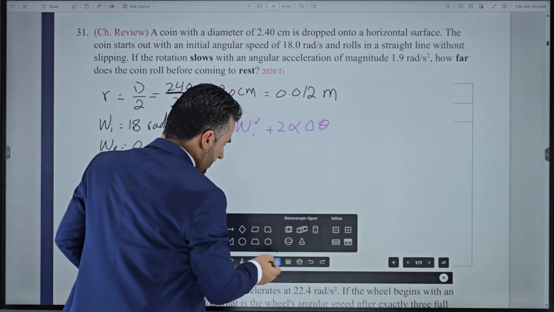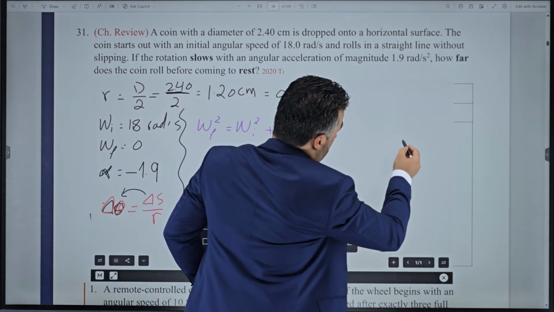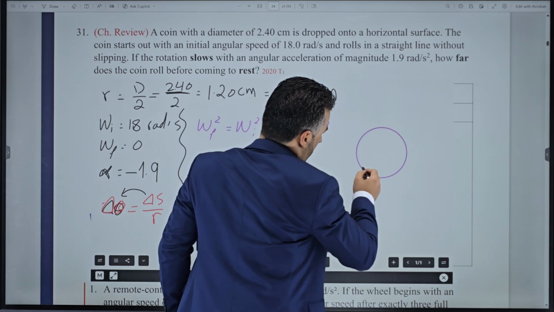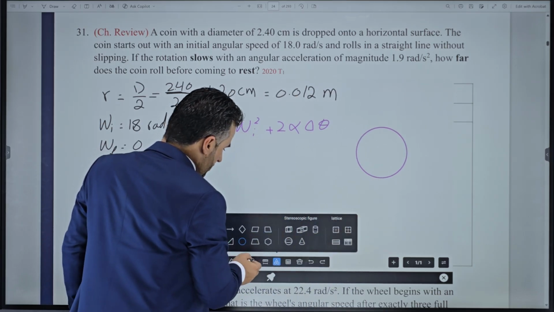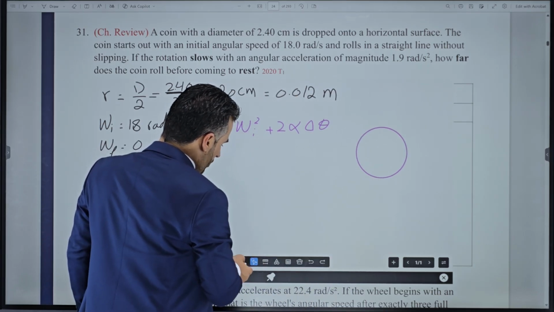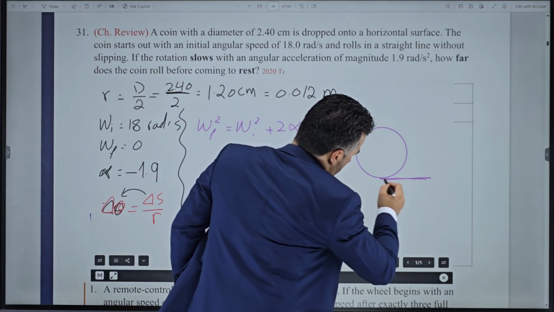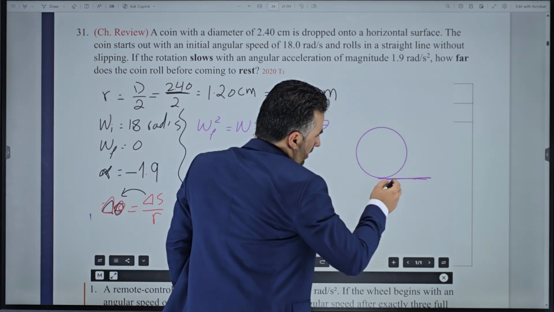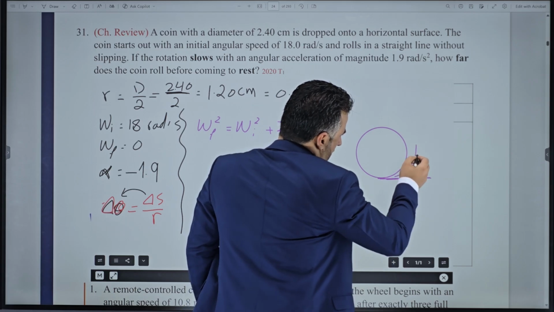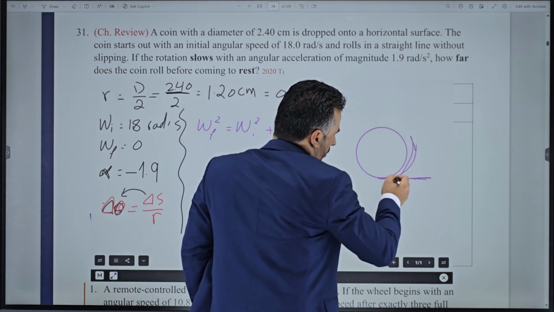This is why we need to find the arc length here. So this is the coin that is rolling down here. Once it is rolling, of course, it is going to travel a certain distance. How far it goes depends on the arc length.